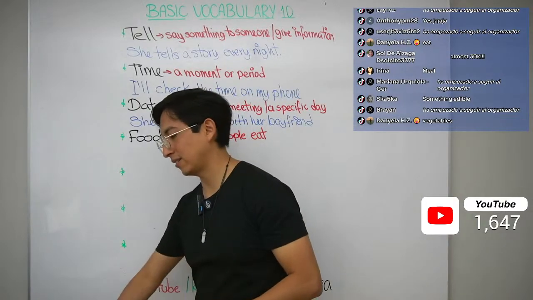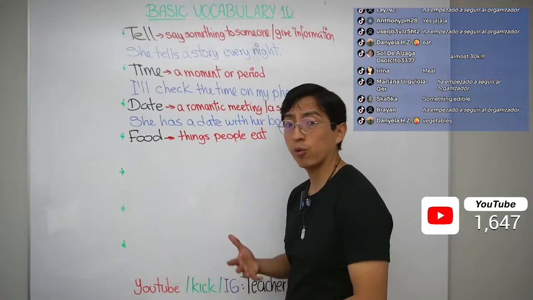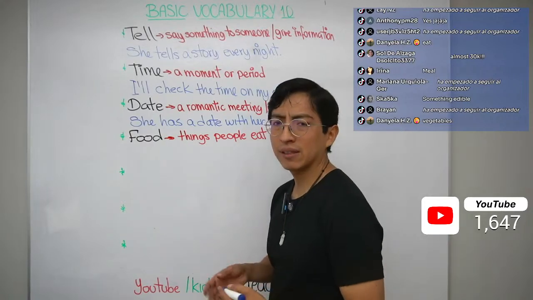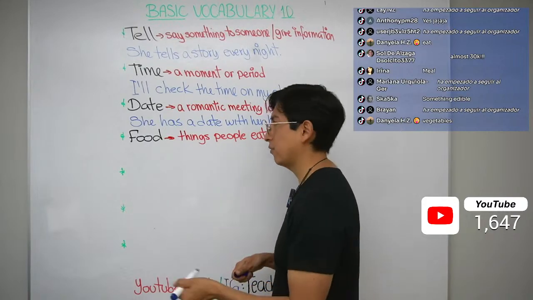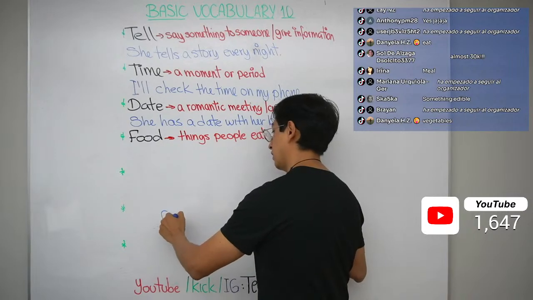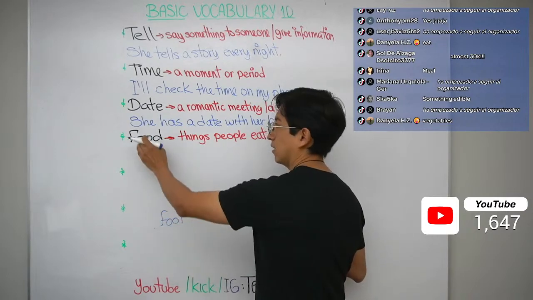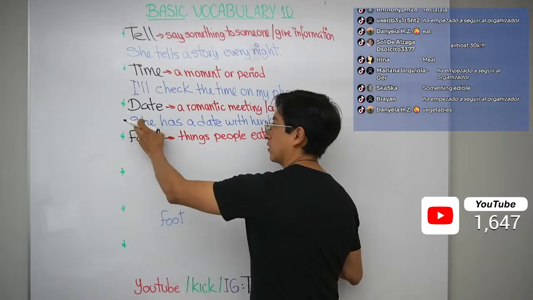That's what food is. Meat, vegetables, fruits, everything that we can eat. Now, be careful with the pronunciation, as I mentioned, guys, because some people pronounce this as food. We never say food.